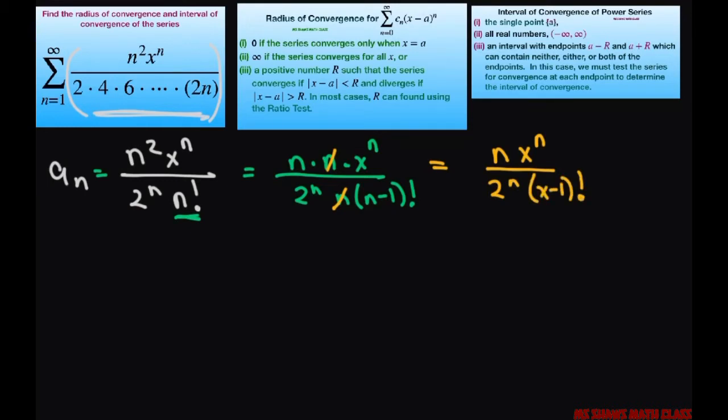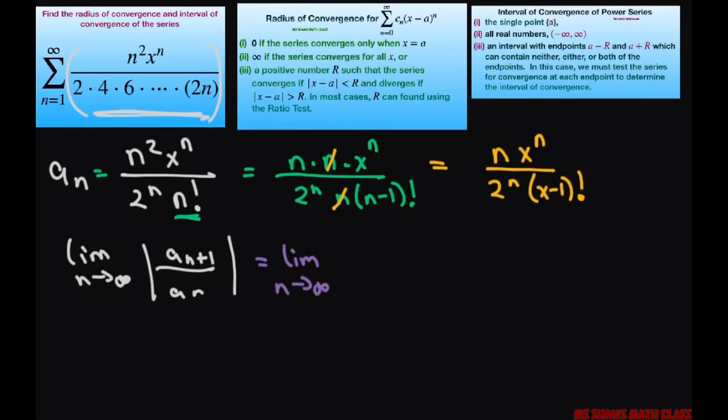Now let's use the ratio test. So we're using the limit as n approaches infinity of a sub n plus 1 divided by a sub n. This is going to give me the limit as n approaches infinity, and we're looking at this piece here.